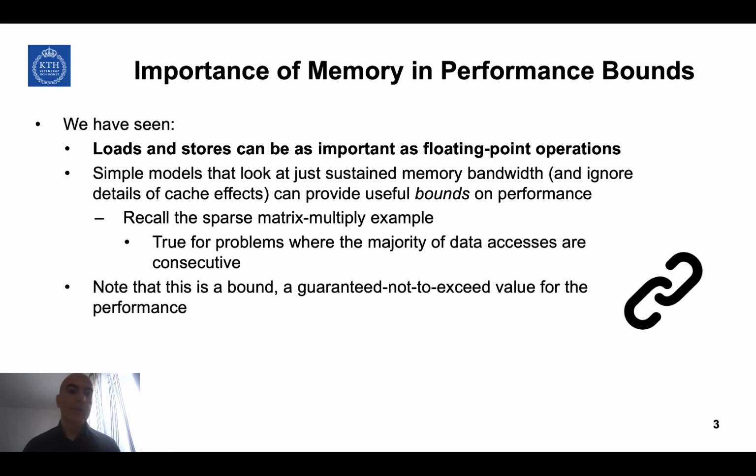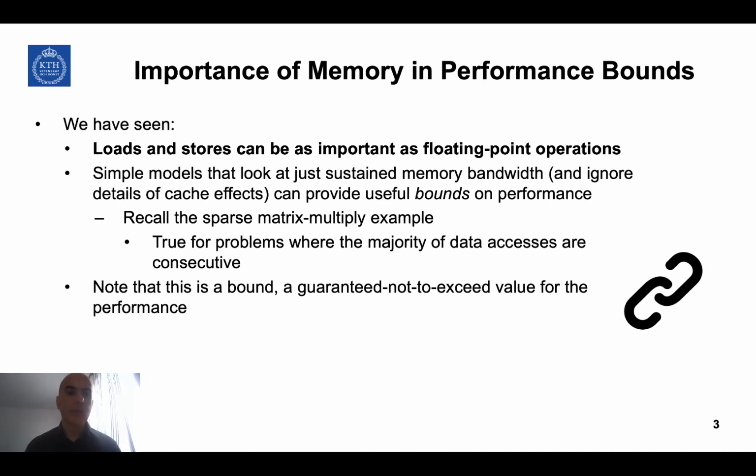We also saw in the previous lecture that loads and stores, and in general all memory operations, can be as important as computing, as important as floating point operations. Simple models that look at sustained memory bandwidth, still ignoring details of the cache effects, can provide very useful bounds on the performance of our application.